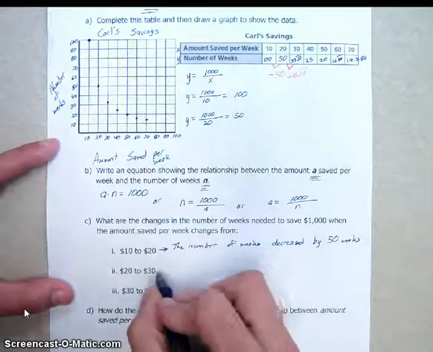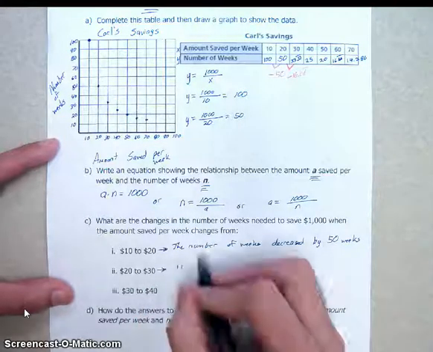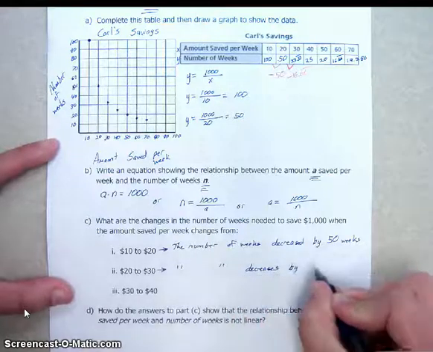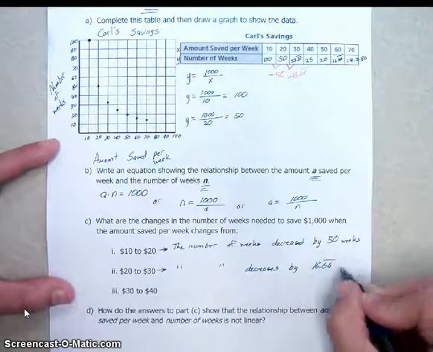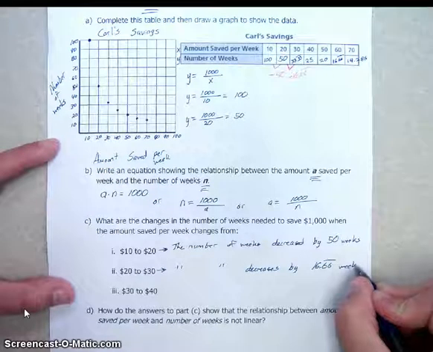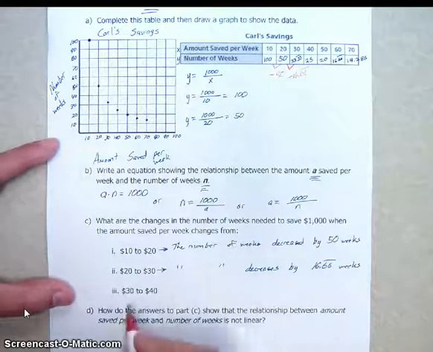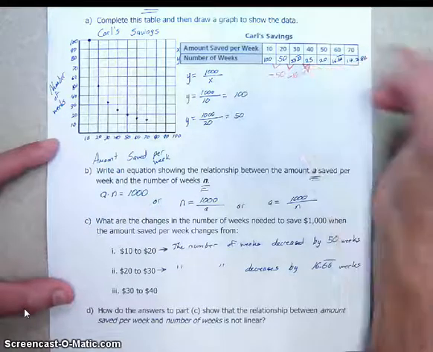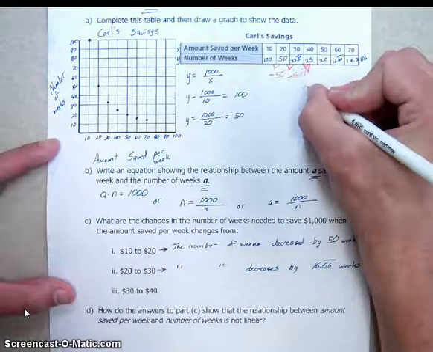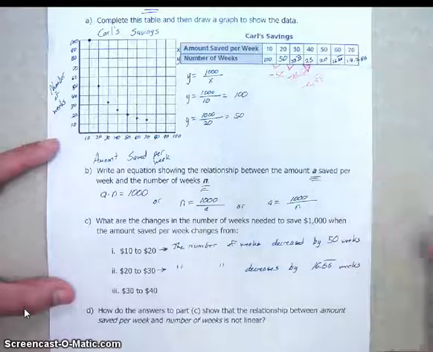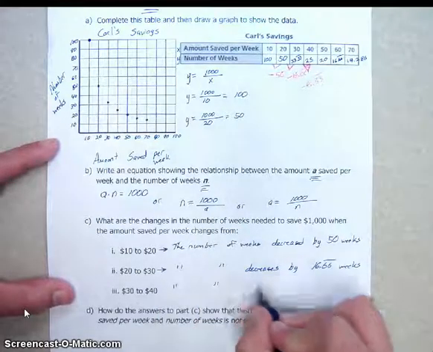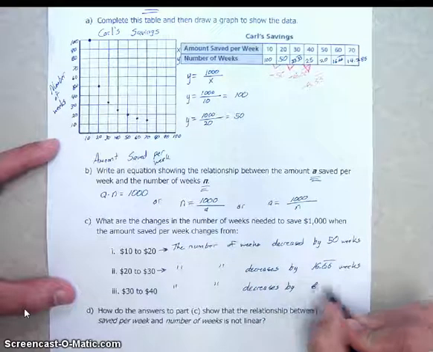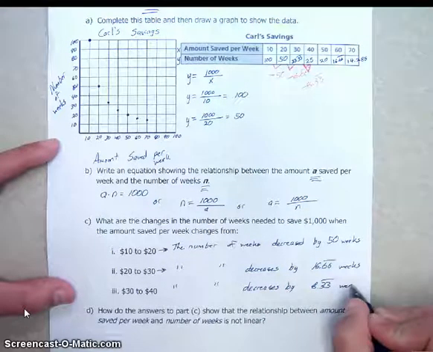So from 20 to 30, it decreases by 16.66 repeating weeks. And then finally, from 30 to 40, that was a decrease of 8.33 repeating weeks. So it decreases by 8.33 repeating weeks.